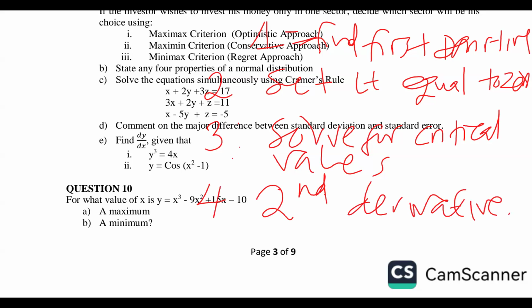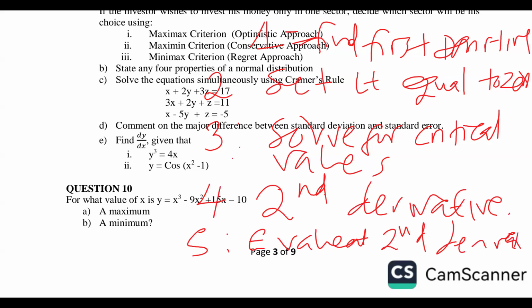Once you are done finding the second derivative, number 5, you evaluate the second derivative by the critical values.